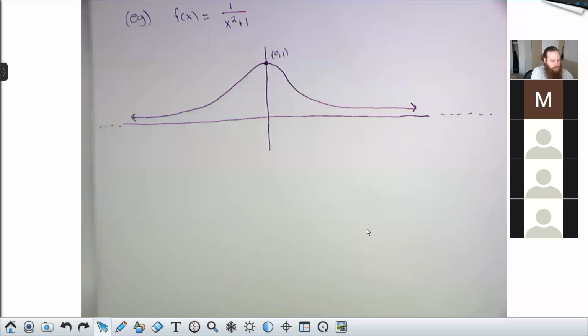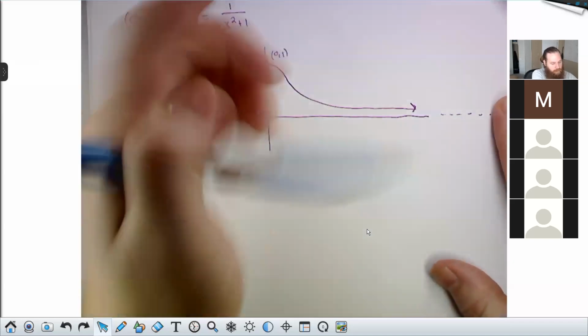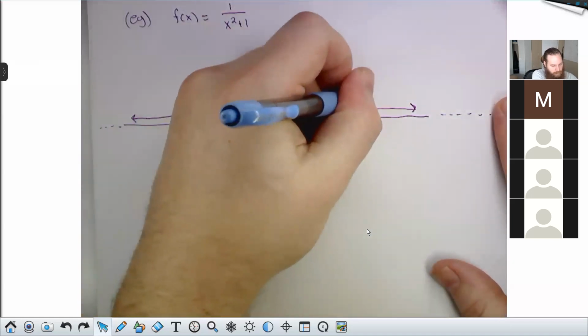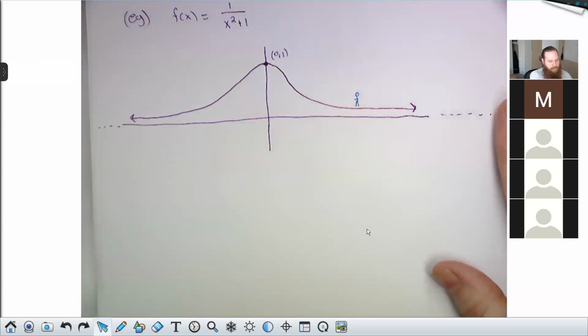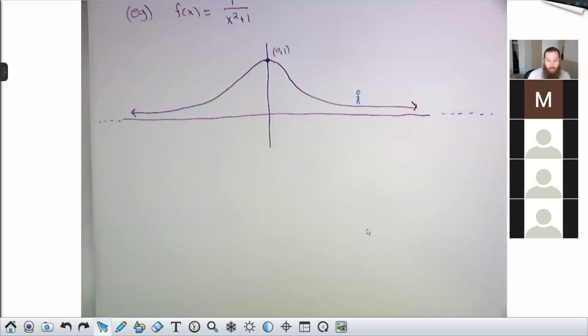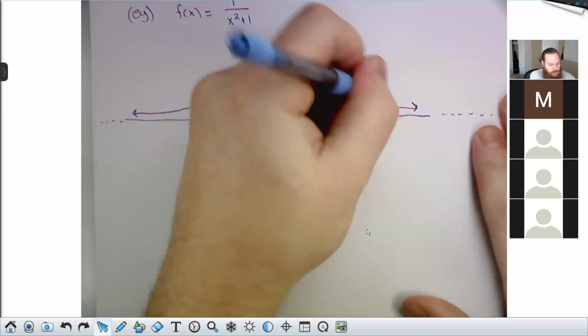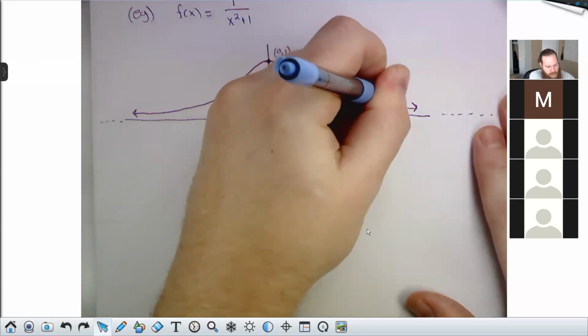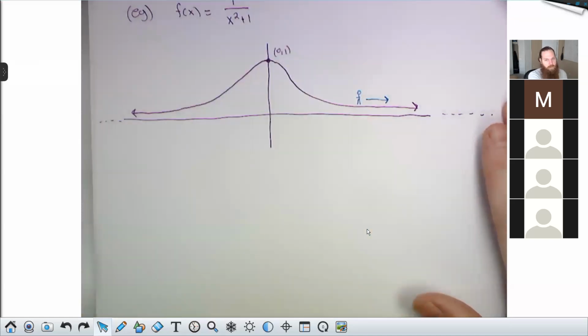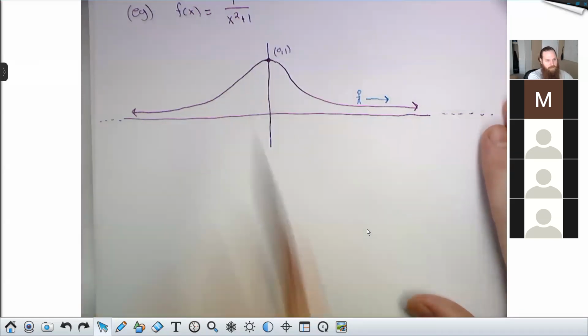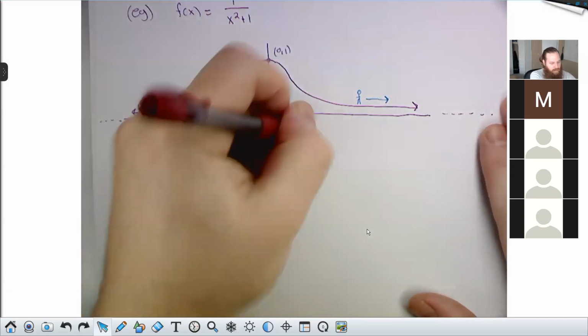If I am a little dude walking along this graph, and I say, all right, I'm not trying to go towards any particular point. I'm on a journey. I'm going to go way out along this graph. Maybe I've determined to wander as far away from the y-axis as I can.